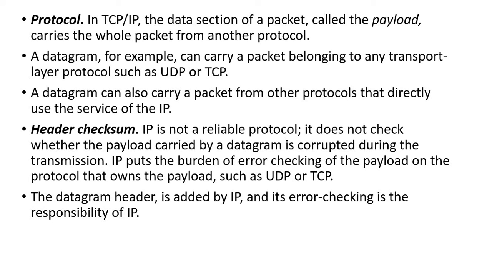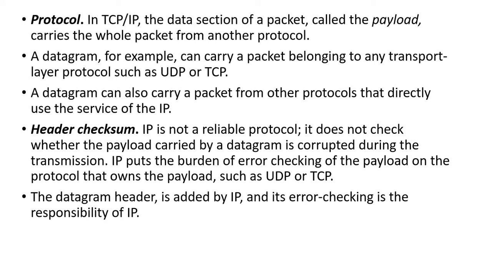And next is the payload. As in TCP/IP, here also we have the payload with the total content, and the datagram carries packets from other protocols that directly use the service. Then it is not reliable, since it is a connectionless approach. So we need some error checking method, which is called the header checksum.